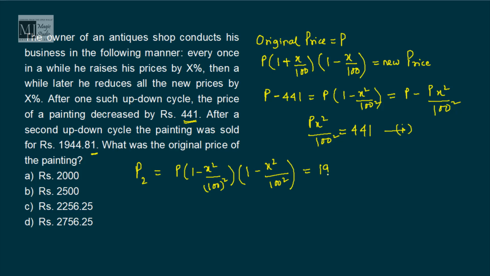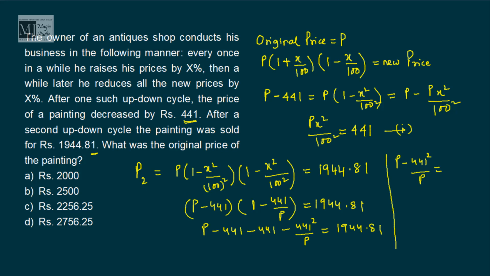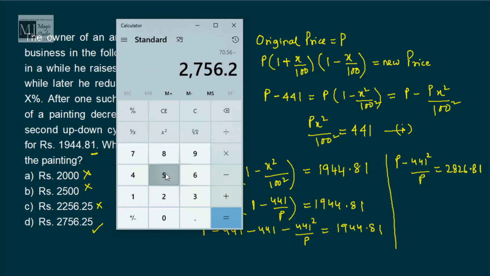This is equal to 1944.81. Great. Now P x square by 100 square is 441. .25.